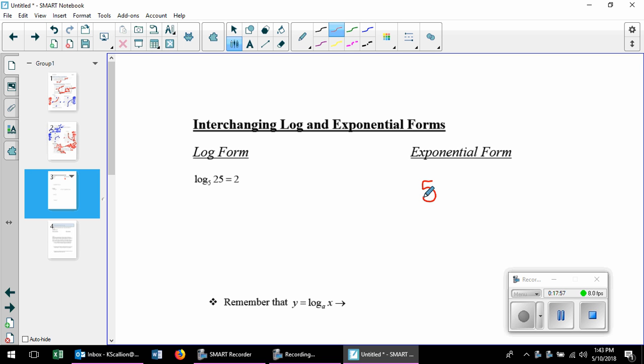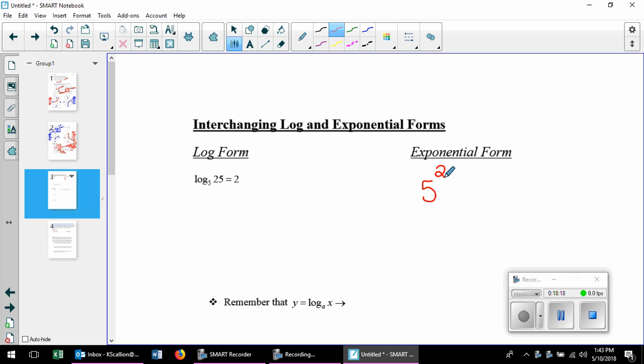The base is still the base. If it's a base on the log, it's going to be a base on the power. That's nice and easy to remember. If it's a base, it will stay a base. Where's your exponent? Your exponent is the outside one.